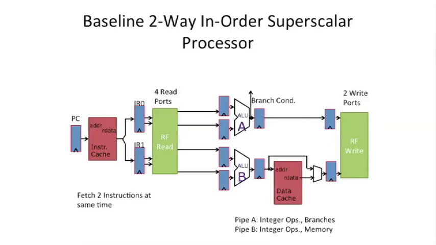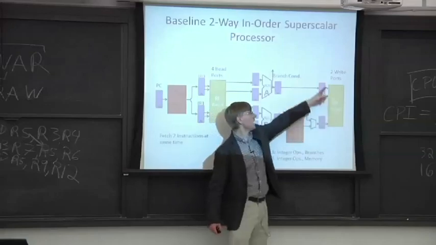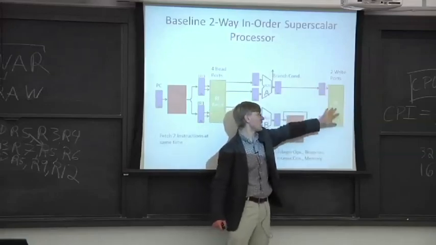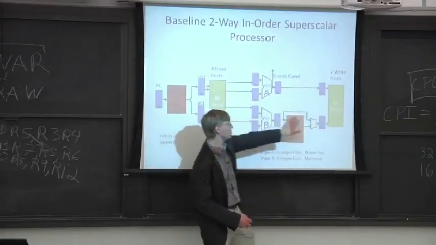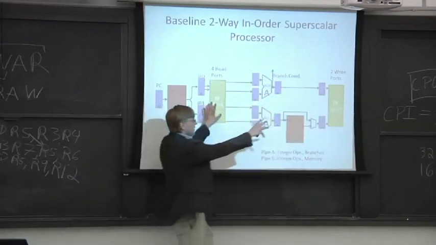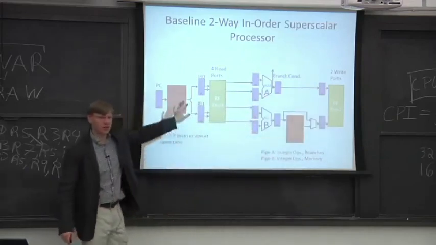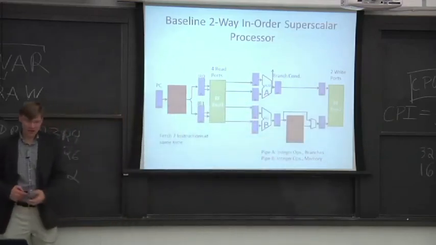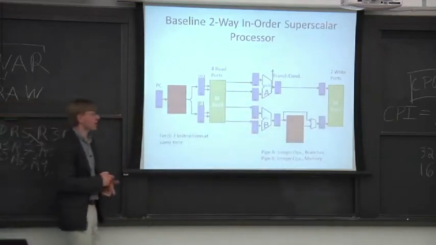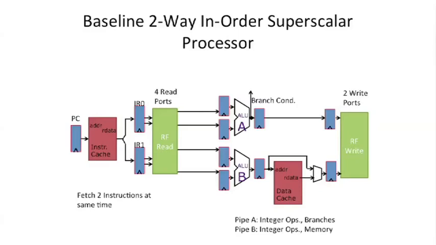And if we want to retire or commit instructions 2 at a time, we need to add more write ports. I show the register file here split into 2, but it's together; logically I just drew it apart so you could make heads or tails of the drawing. So that's something interesting to think about: you have to worry about that.